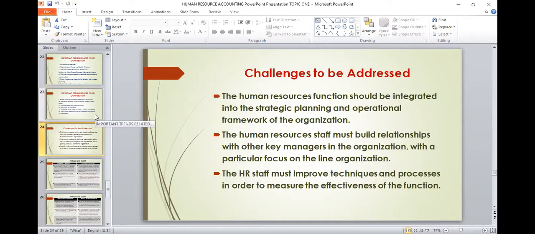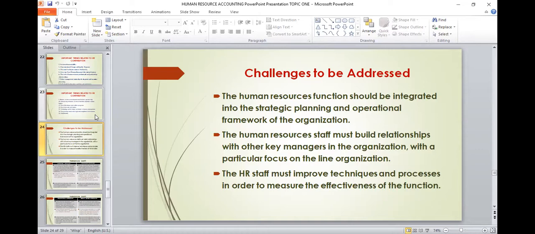Now, the human resource functions must now be integrated in planning. In other words, there is no planning within the business that will be done without the involvement of human resource practitioners. If you are a CEO who had been practicing that, then there is the time that you must incorporate the human resources when it comes to laying strategies, when it comes to planning.